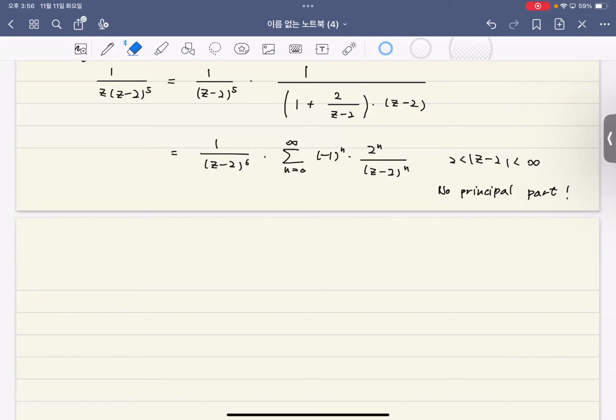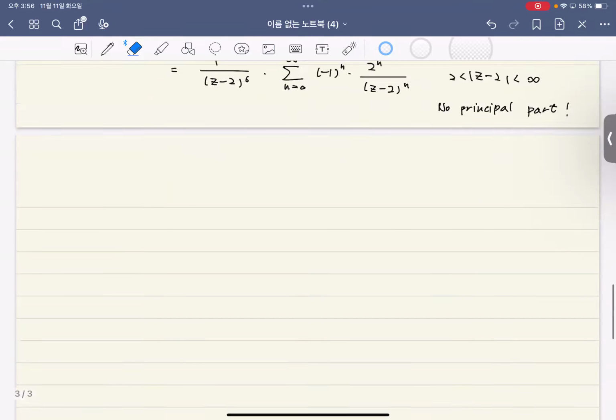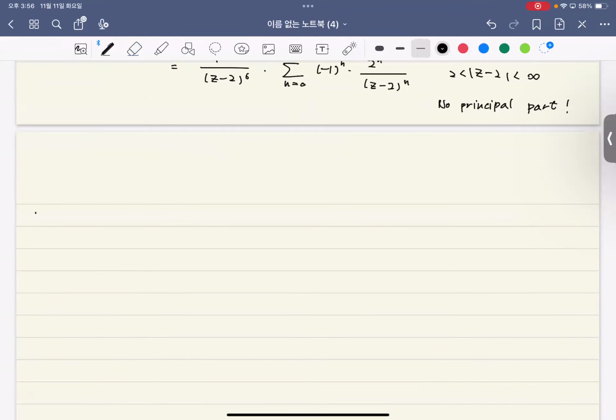But that is not necessary, because what you need is just the first negative coefficient of your Laurent expansion. Therefore, you don't need the whole Laurent expansion. To reduce the computation, I'm going to introduce this nice proposition.